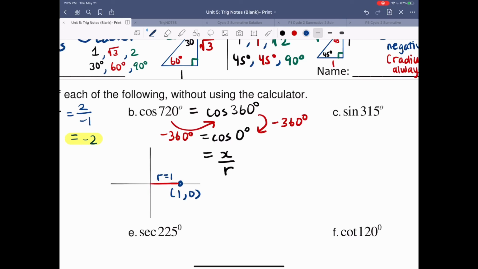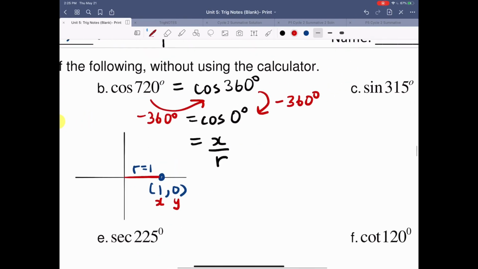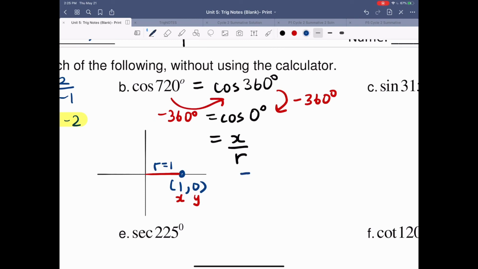It doesn't matter what radius I go through it as, it's going to result in the same trig ratio. And so I have a coordinate of 1 and 0, so x and y, and I'm going to plug in from there. So x is equal to 1, my y I don't need, my radius is 1, and so my cos 720 is equal to 1.